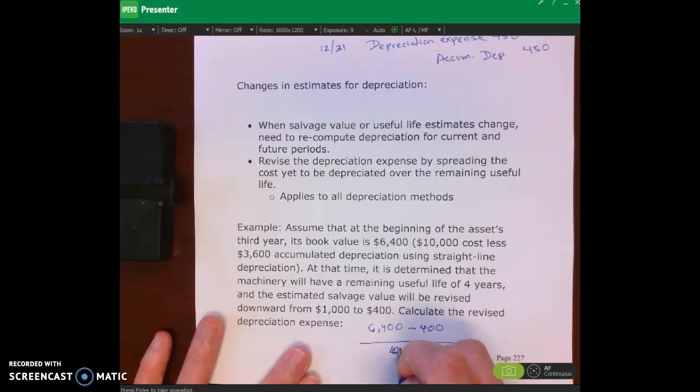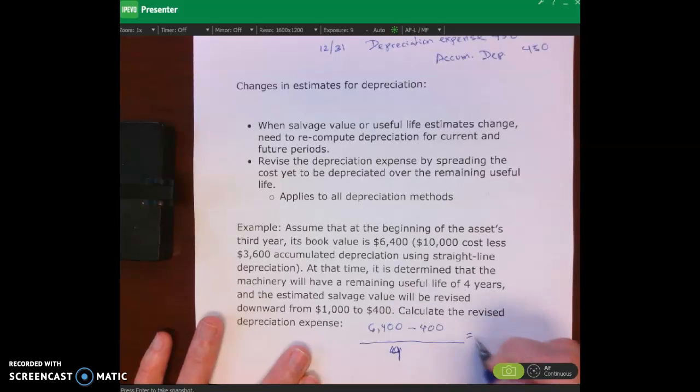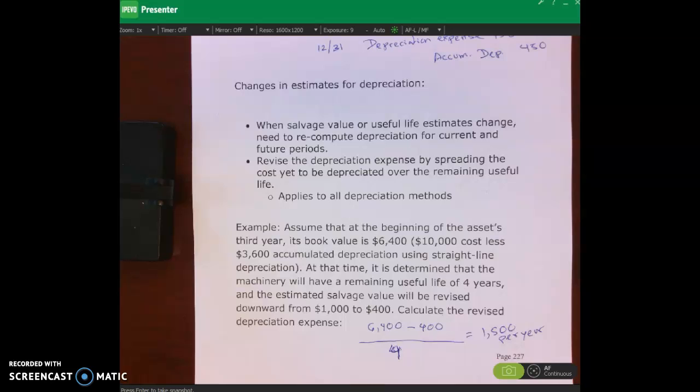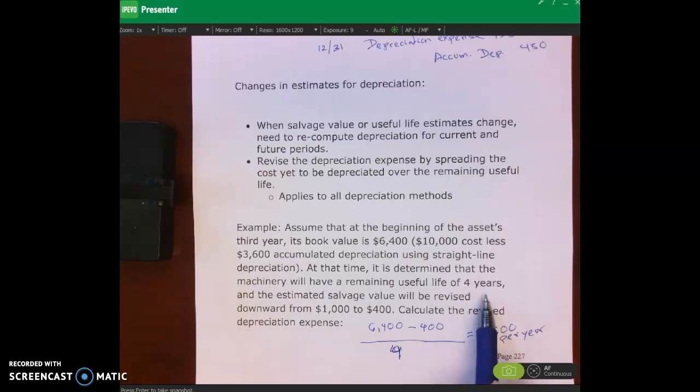Gives us $1,500 per year. And so starting at year 3 onward through the useful life, we would debit depreciation expense $1,500 and then credit accumulated depreciation $1,500, okay, rather than the initial $1,800.